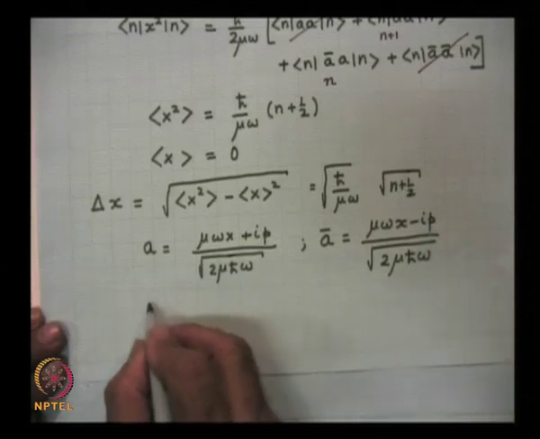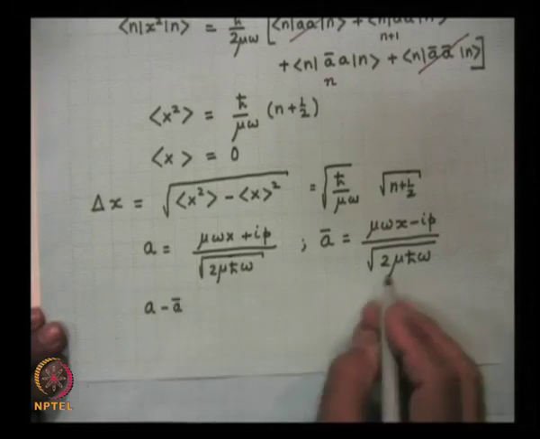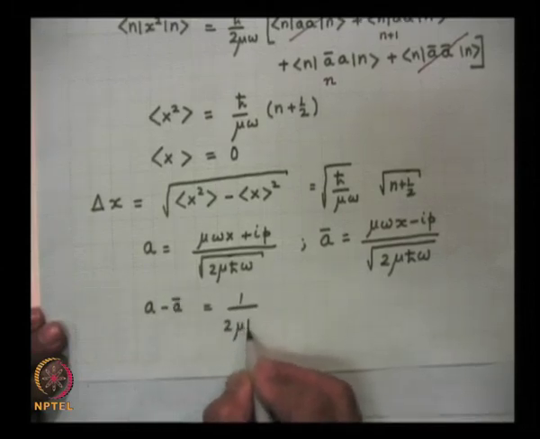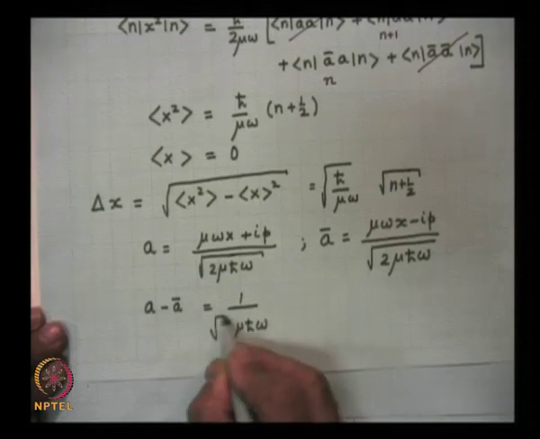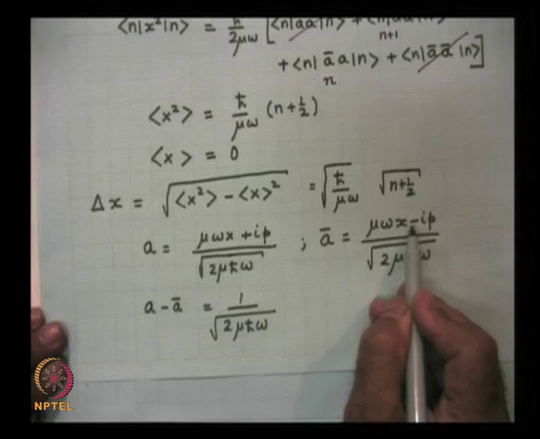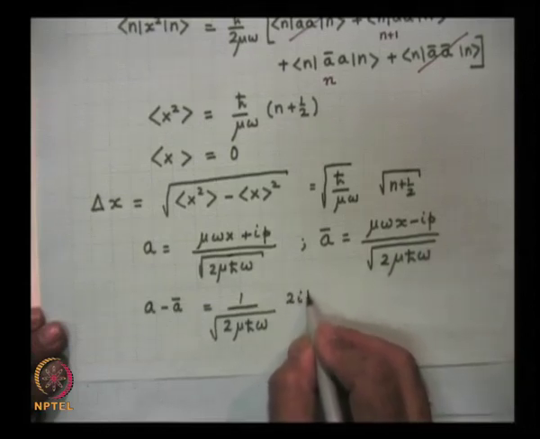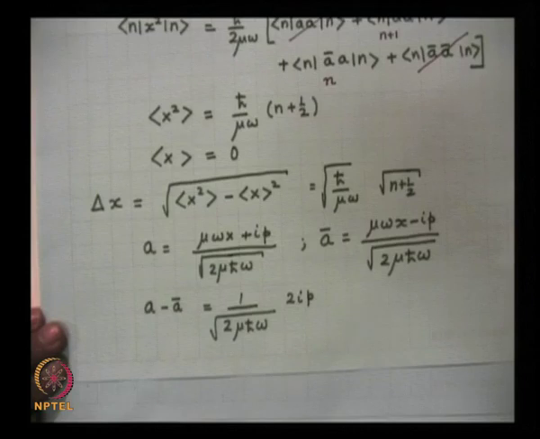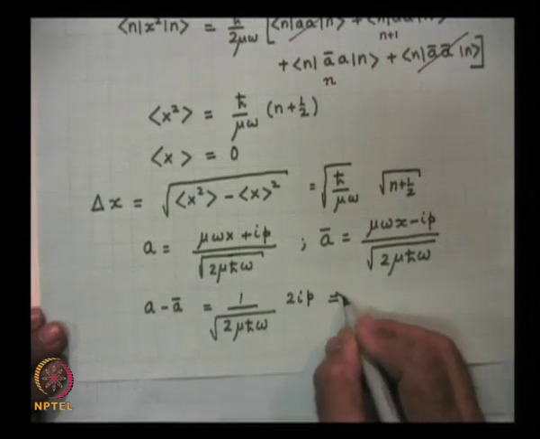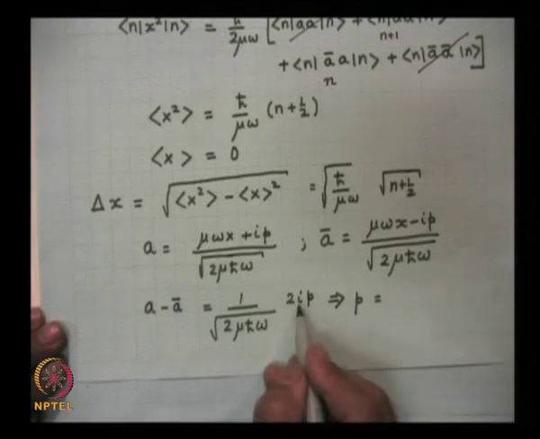So, we get A minus A bar will be, if I take out 2 mu h cross omega outside, then this will be i p minus minus i p. So, therefore, this will be 2 i p. So, I multiply both sides by i. So, you get p is equal to, and there will be a minus sign here.